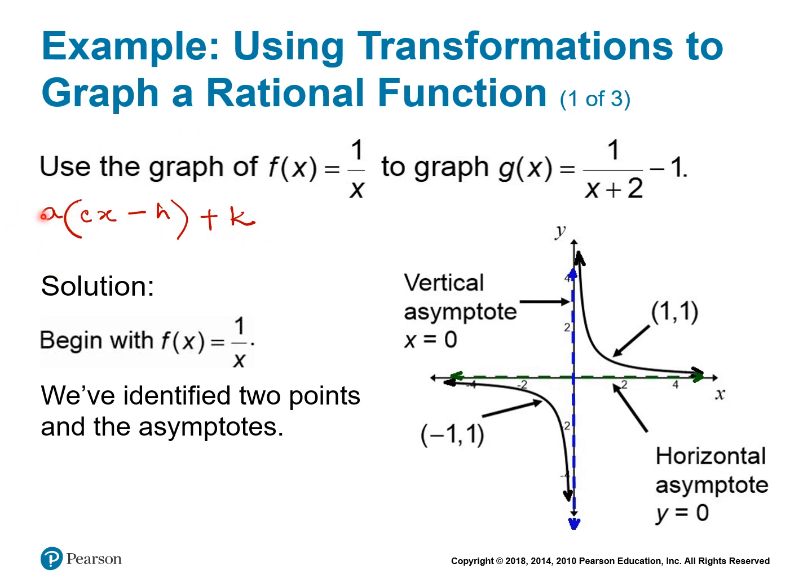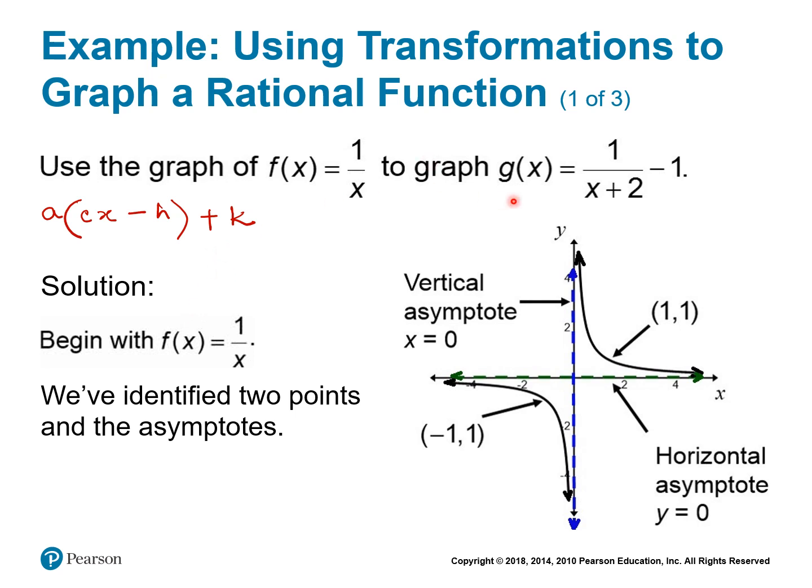A determines vertical stretching or shrinking, as well as its sign determines reflection. C determines horizontal stretching or shrinking. H determines horizontal shifting, whether it's going to shift how many units to the left or how many units to the right. And K determines vertical shifting. That means whether it's going to shift up or down along the y-axis.